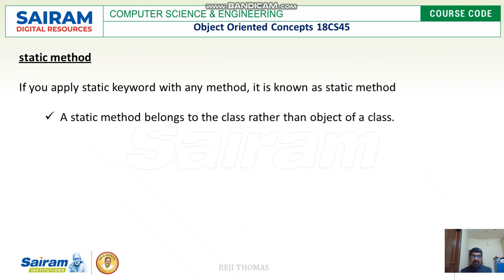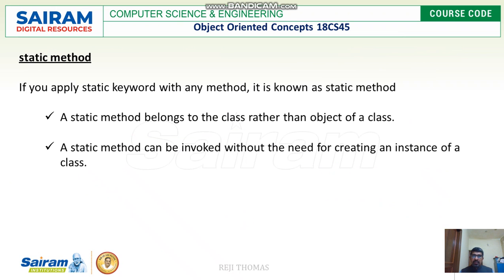So next let us see the static method. Please remember, the static method belongs to the class rather than objects. You have to see this very clearly. The static method belongs to the class, not to the object. And the special thing is, a static method can be invoked without need for creating an instance of the class.